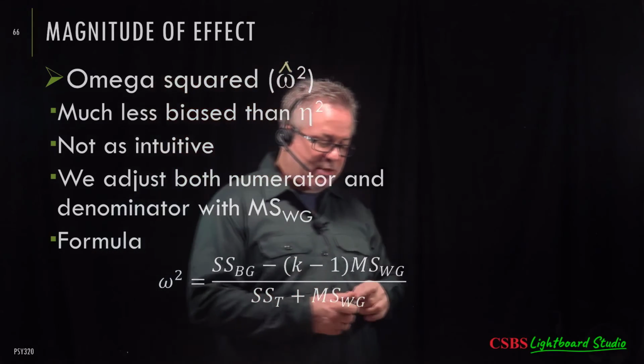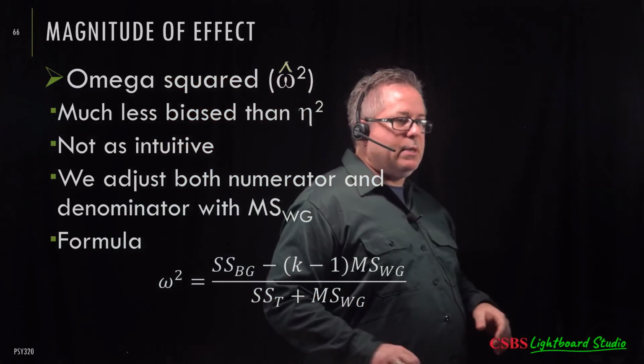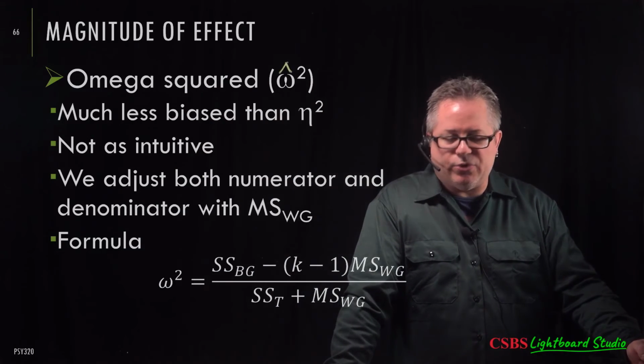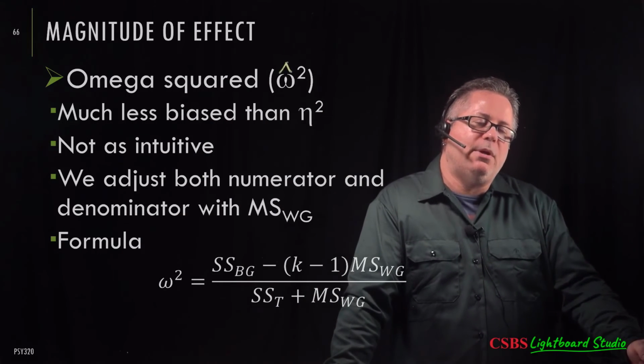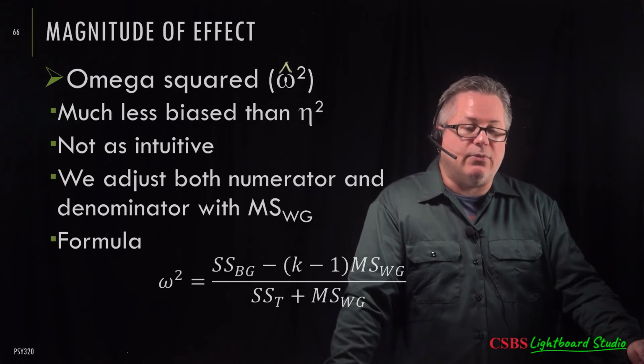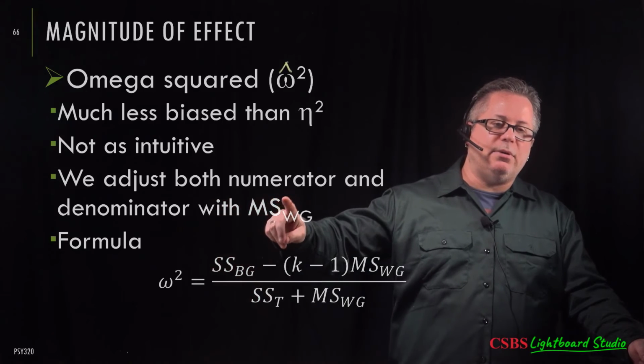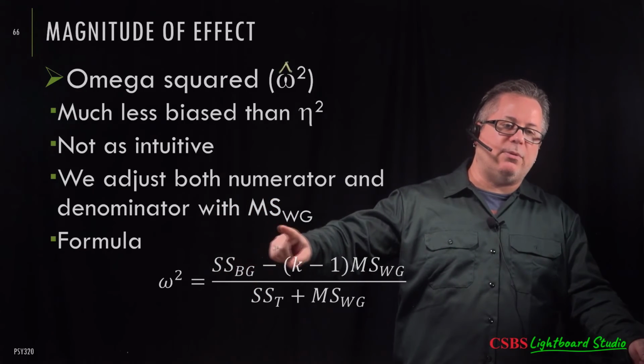It's a population estimate. It's less biased because it tries to address some of the overestimation that eta squared has. So we adjust both the numerator and the denominator with mean square within groups.